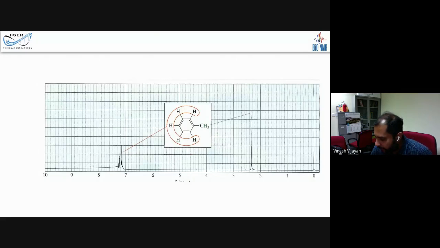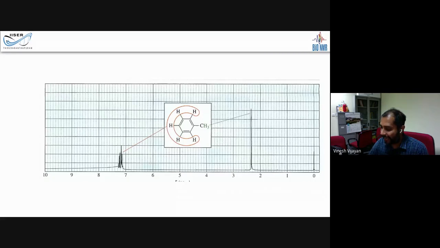So this is toluene. You can see CH3 comes at 2.2 ppm, while these hydrogens are all bunched up around 7.5, 7.2 ppm. Normally, we never try to analyze it in great detail here. Just figure out the intensity of this peak or the integral values of these peaks, and if it fits to 5, we say it's 5.